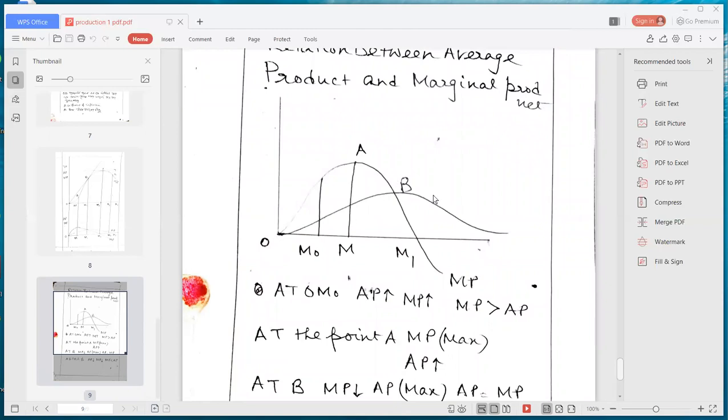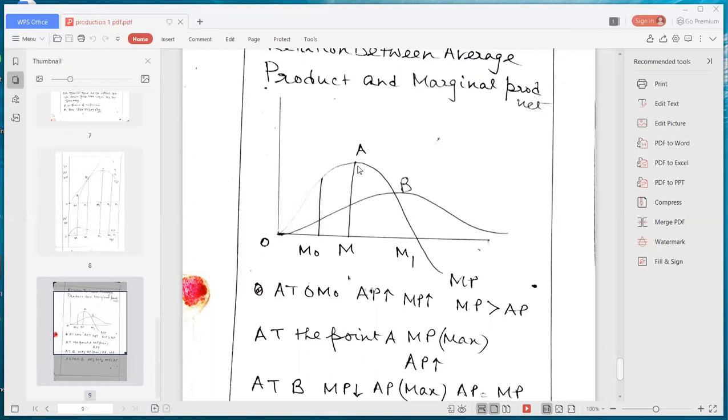Here the average product curve is this one, and this one is the marginal product curve. In some cases it becomes light due to the scanning of the picture. So this one is the MP curve, and this one is the AP curve.